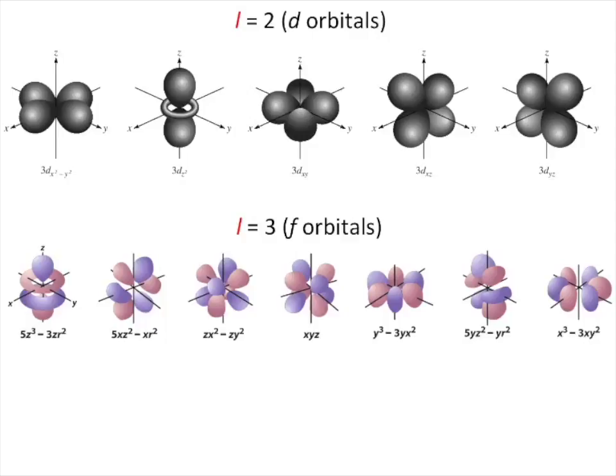So the source where I got the picture for the f orbitals has different colors to denote different signs of the wave function. And the source where I got the other pictures doesn't have different colors. But if you look at this in some source that has colors, the up and down parts are one color and the little donut's another color, for example. That's a nuance you don't need to know. I just wanted to explain what I have on the slide.